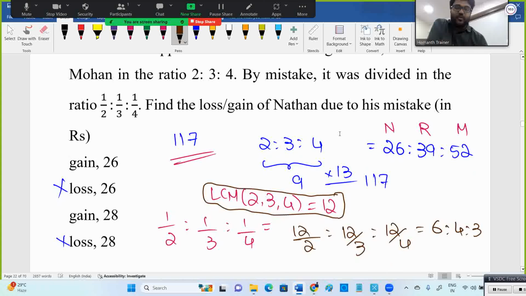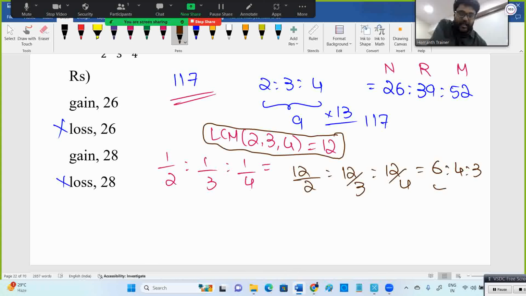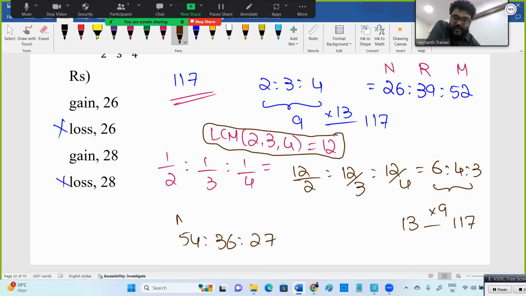What is 6 plus 4 plus 3? 13. But how much amount? 117. We have to multiply by 9. Then 6 into 9 is 54, 4 into 9 is 36, 3 into 9 is 27. Nathan is getting 54. Gain is 28 now. Robin is getting 36, Mohan is getting 27.